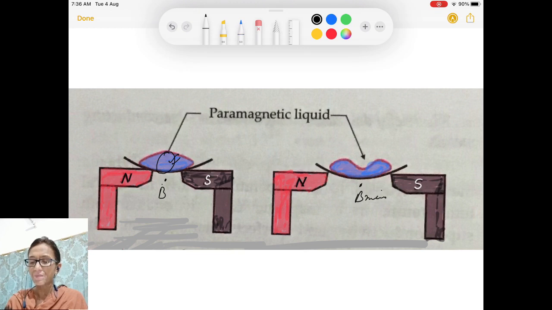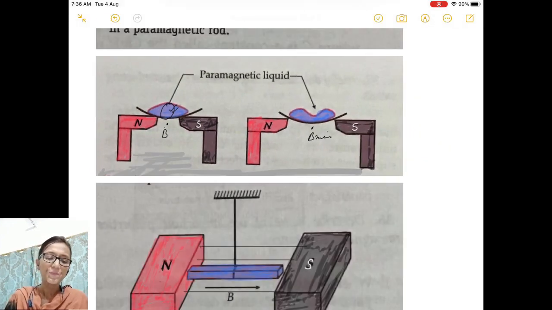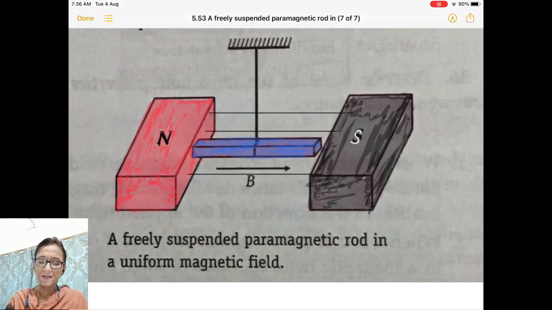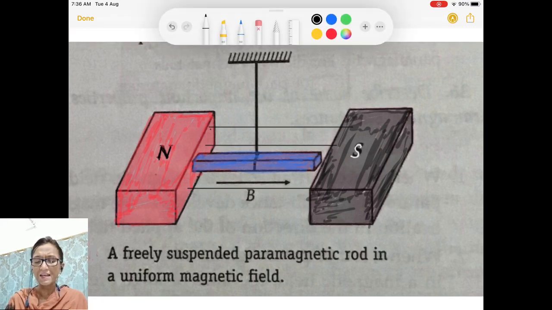So the paramagnetic liquid is shifted from the minimum magnetic field position to where the field is highest. When you freely suspend a paramagnetic material in a magnetic field, it will arrange itself in a direction where the magnetic field is highest, parallel to the magnetic field.